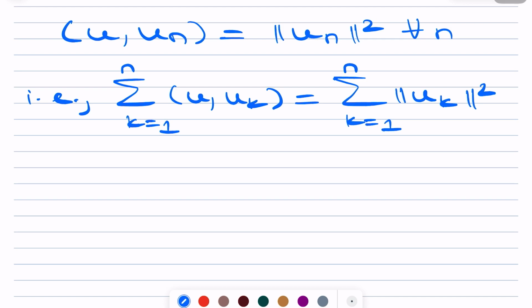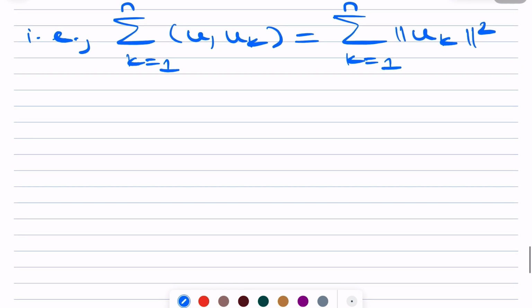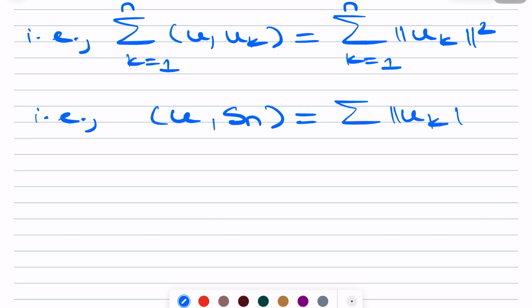Now if you use the linearity of the scalar product, the scalar product of u comma Sn is equal to the summation, k moving from 1 to n.